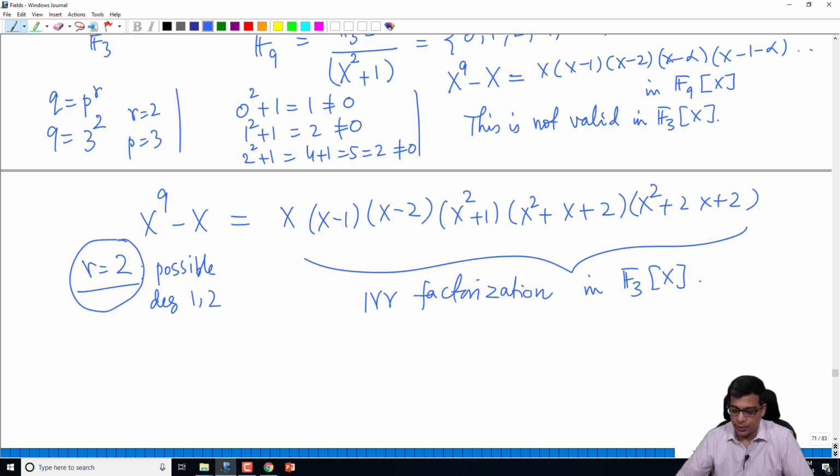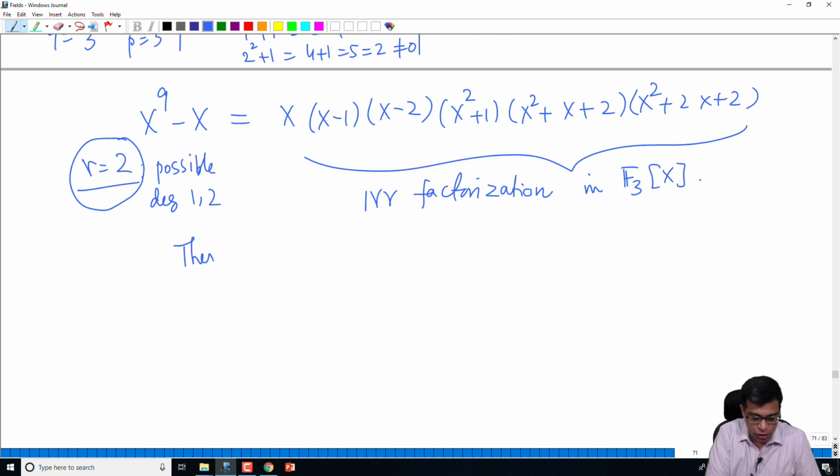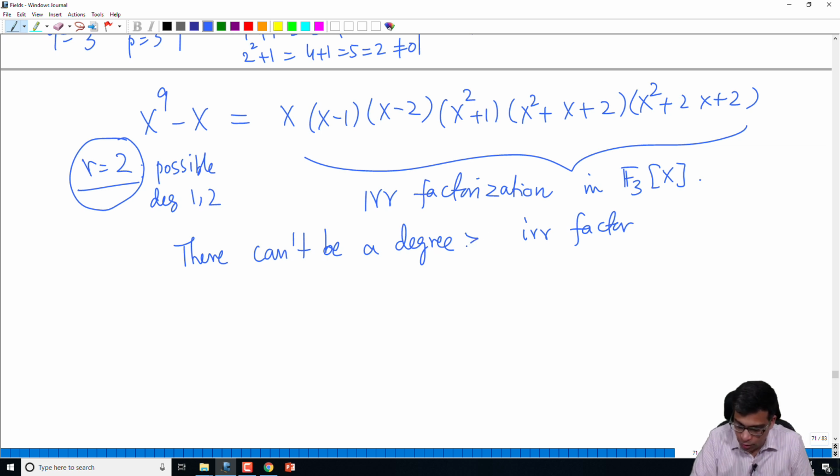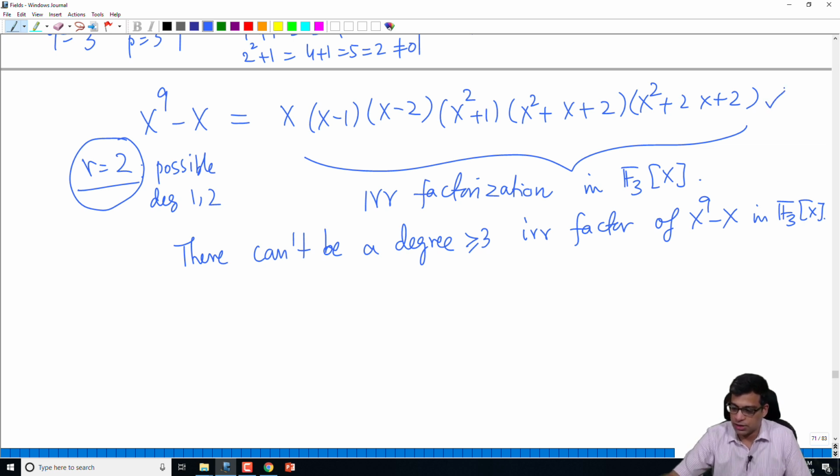So there cannot be, as a separate consequence, a degree 4 factor, or a factor of degree greater than or equal to 3 of x power 9 minus x in F3[x]. This is another way of saying this. Every factor is either degree 1 or 2. So this is the factorization.